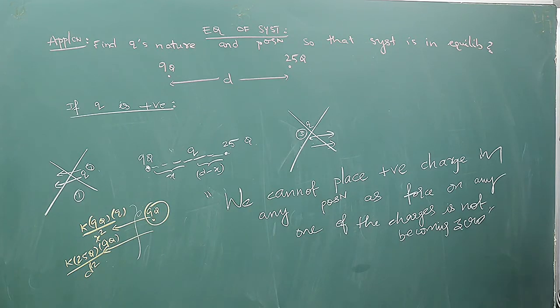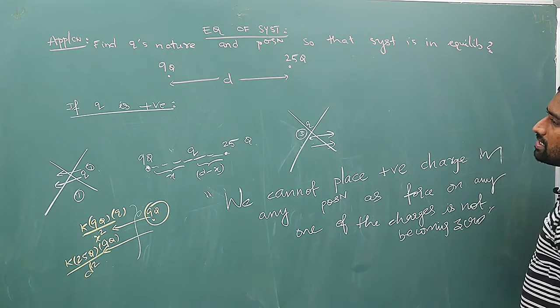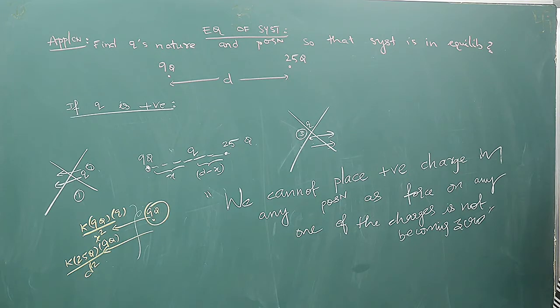Now the next thing that we are supposed to consider is the negative charge. Those who want to copy, you can copy. So write down this statement, and explain it in your own terms.